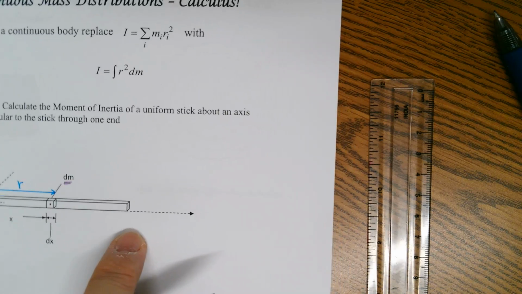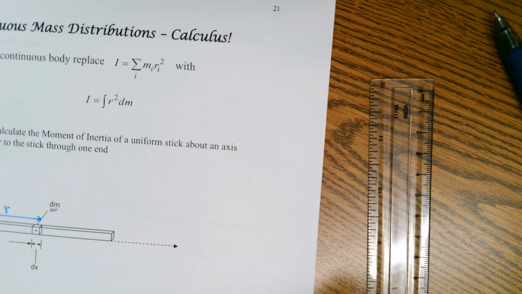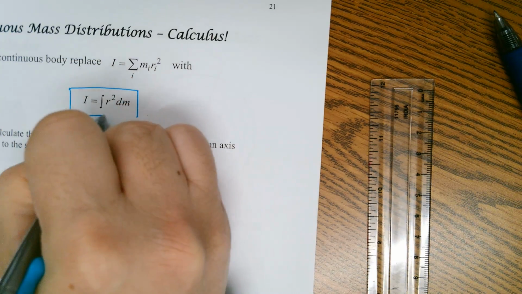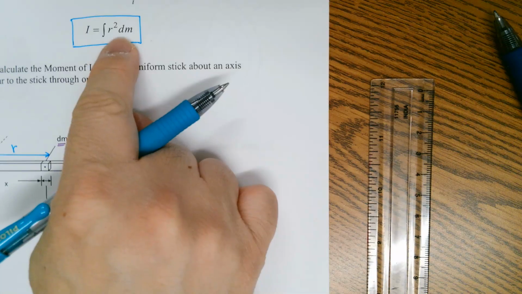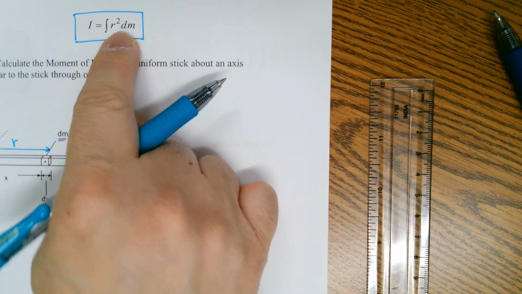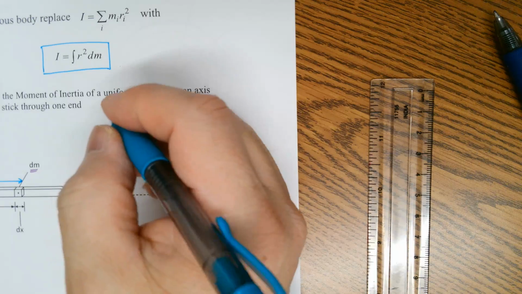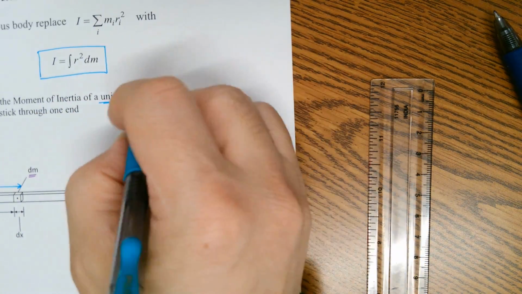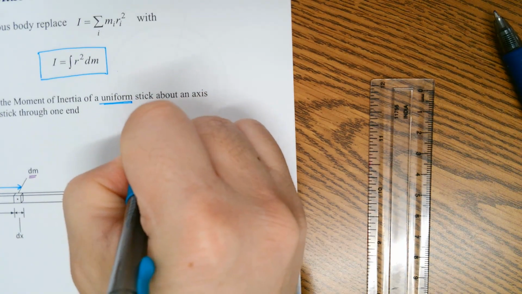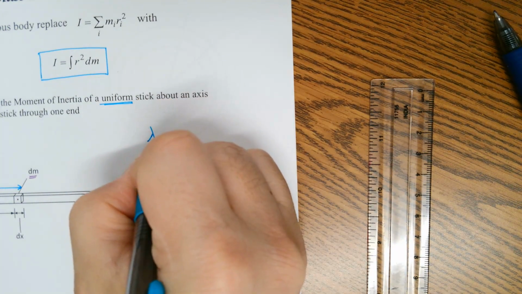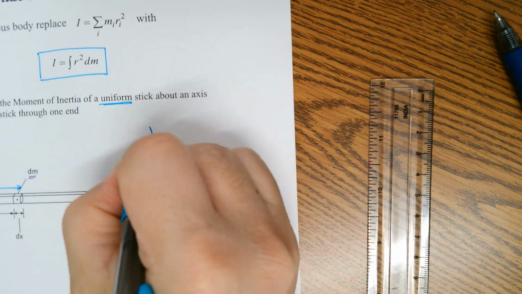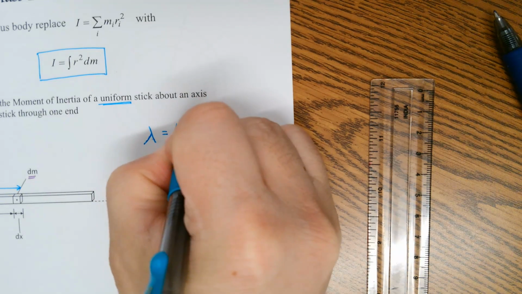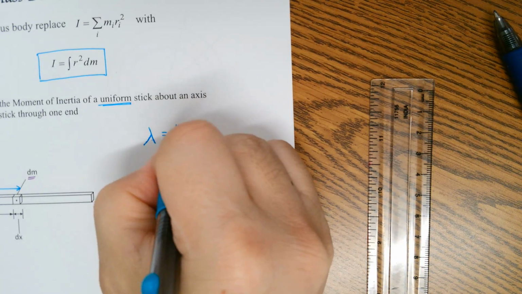Therefore, if we were to use calculus to solve for the moment of inertia, since this is uniform density, we could say lambda, the uniform linear density, is equal to mass divided by length.